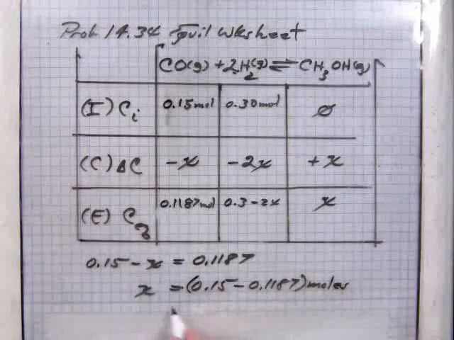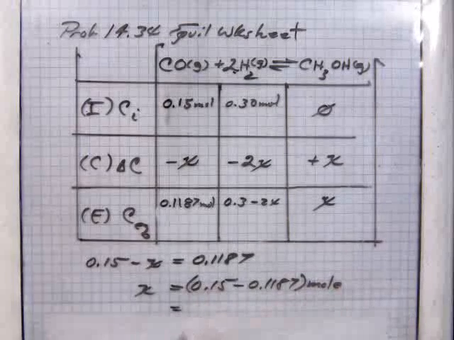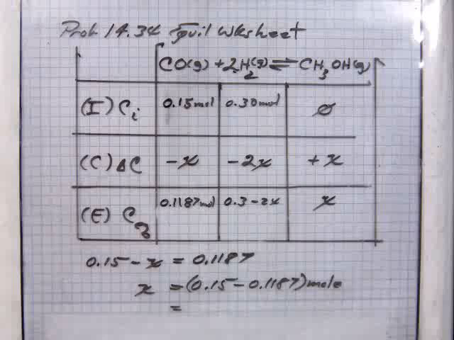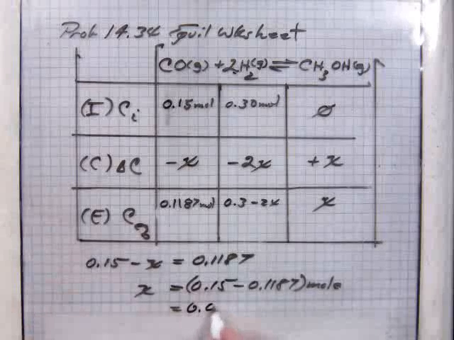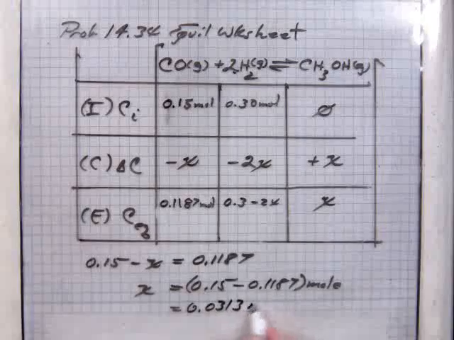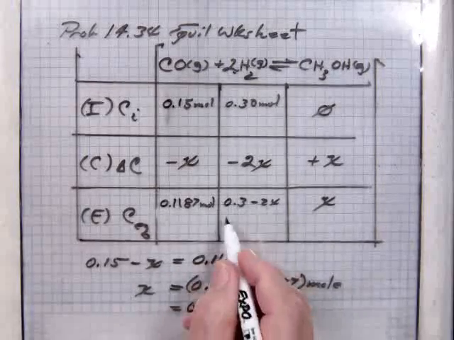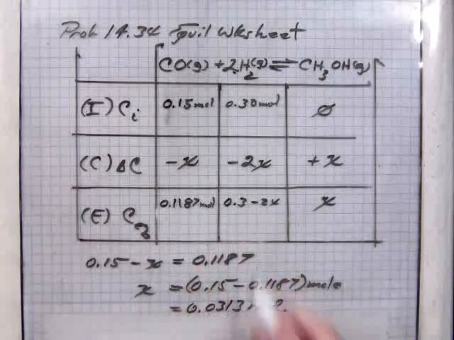That's 0.0313. So that would be the x value, and we would substitute 0.0313 for x.